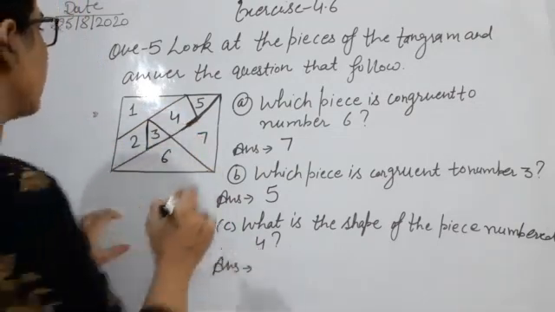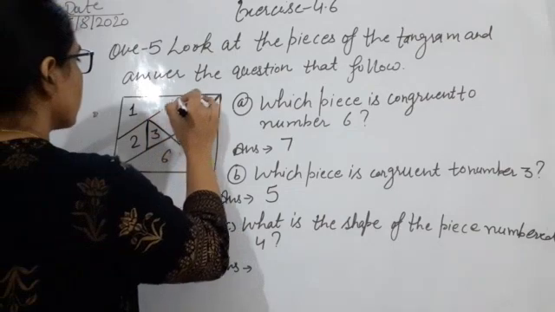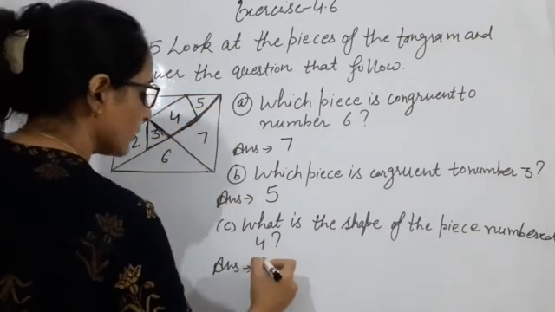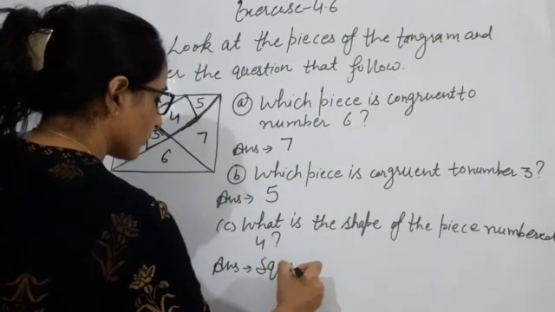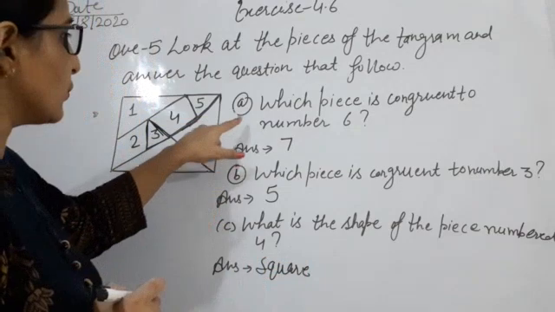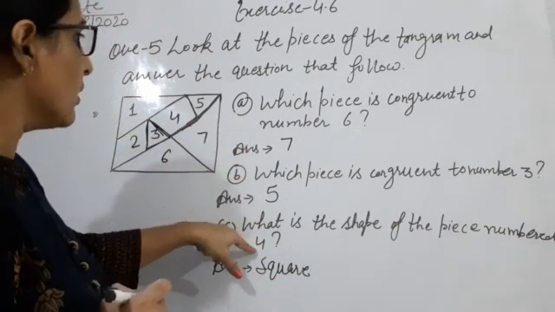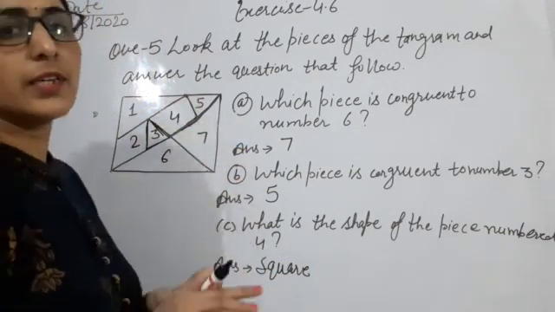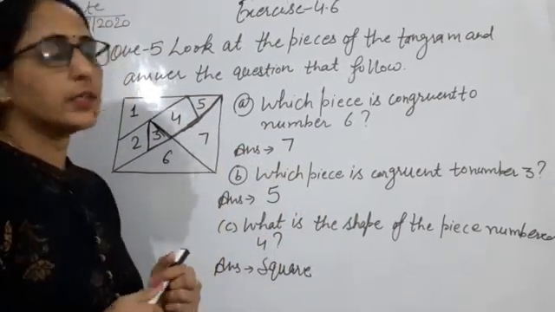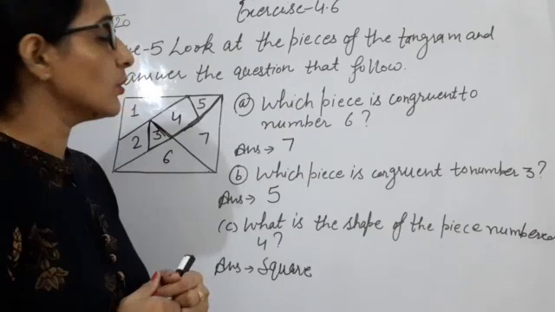That is the square. This one. It is square. Clear? So here is part A, B and C. First you write the question. After that you write the answer. This is all about your exercise number 4.6, student. Clear? So do your work in neat and clean handwriting in your fair notebook.